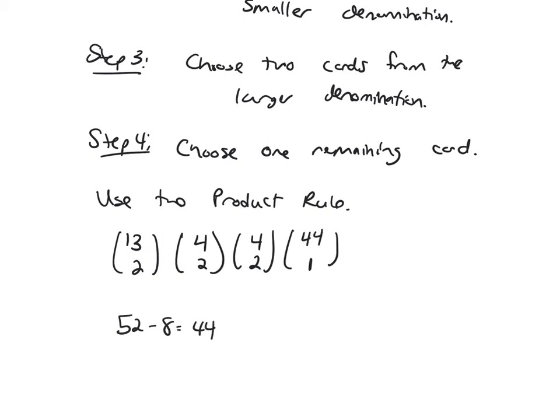So there's 44 possible cards, and I need to choose one of them. So you're going to calculate these out, and you'll multiply them to get 123,552. So that's how many 5-card poker hands contain 2 pairs.